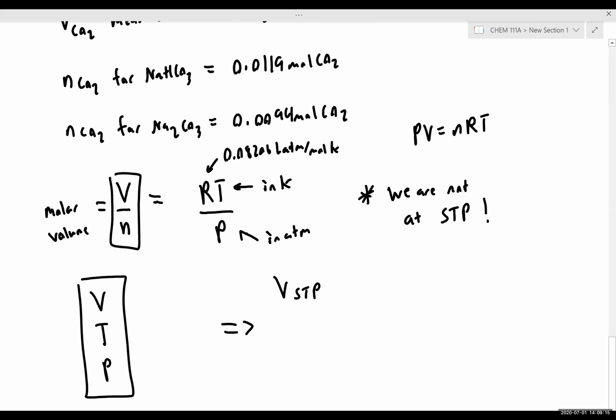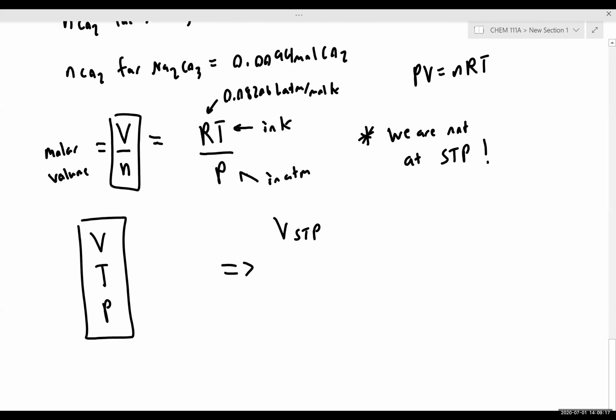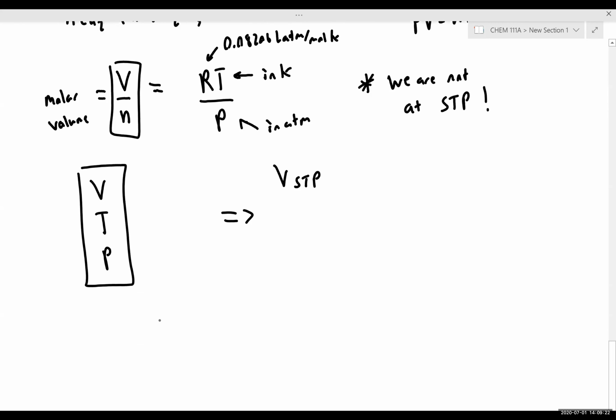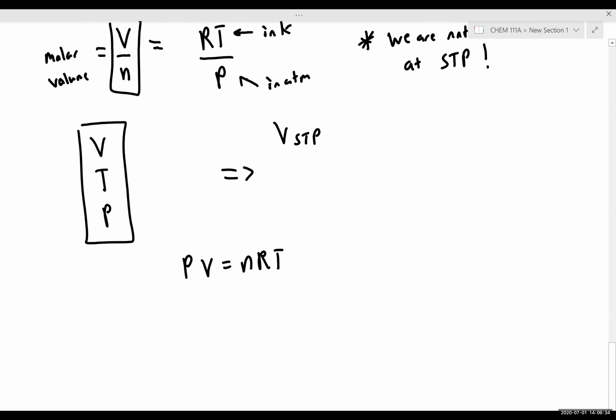Okay? So in order to accomplish that, we're going to set up our ideal gas law once again. So we know that PV is equal to nRT. R is a constant. So we know that the pressure that we measure times the volume that we measure, over the moles that we measure times the temperature that we measure, is equal to a constant.